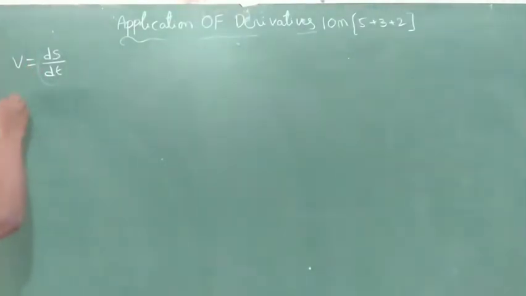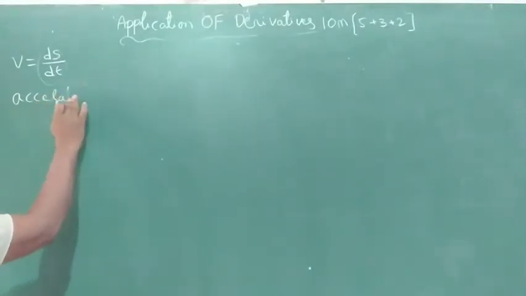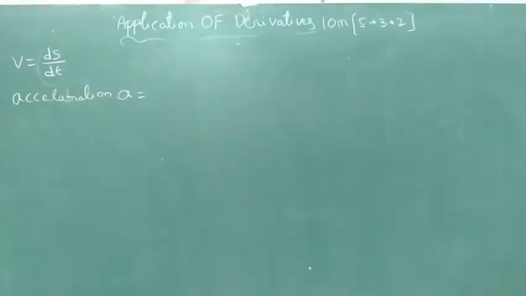What is the acceleration? Acceleration is denoted by small a. The definition of acceleration is the rate of change in velocity.